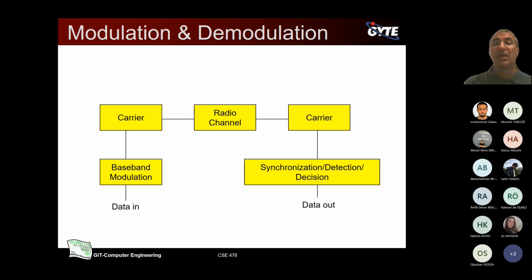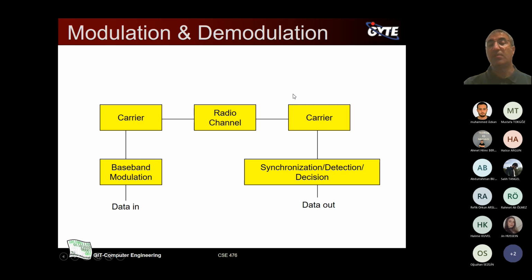So we need to apply the carrier modulation to move this information from 0 hertz to the appropriate frequency band. Then once we are ready, we radiate this signal over the antenna, wirelessly over the radio channel.